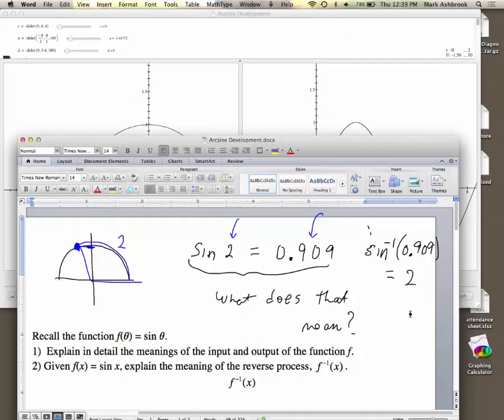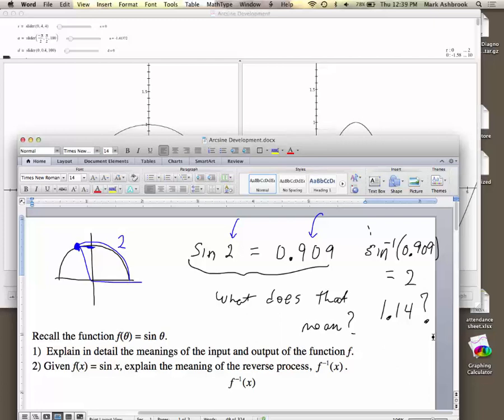What'd you get? Who said 1.14? Your calculator's broken. You've got to make sure you're in radians. You shouldn't get an error. Did anybody get 2? What'd you get? Okay.